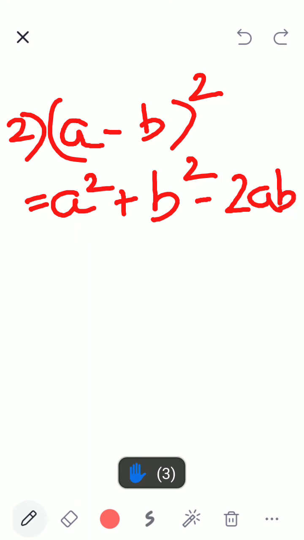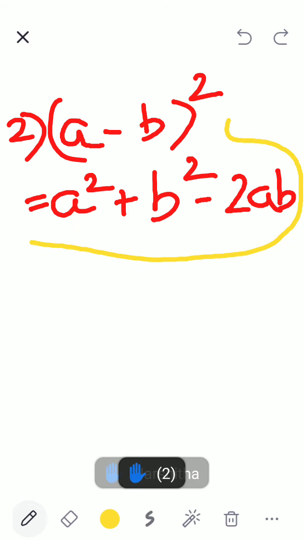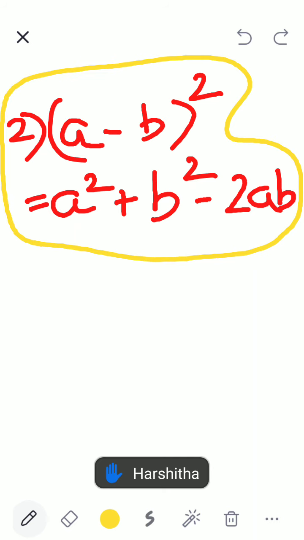Excellent. So children, learn this by heart also. Someday, if I have time, I will explain how this comes. But today, we just have to learn it by heart because this was already taught in 8th. A minus B the whole square. We'll discuss it later for those who don't know.